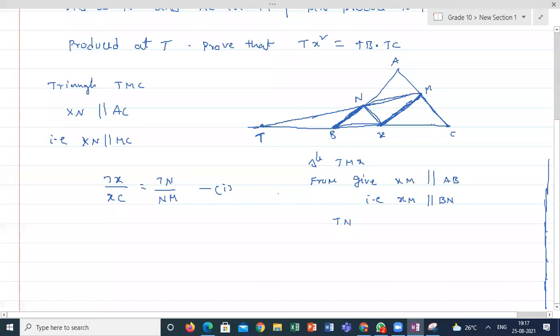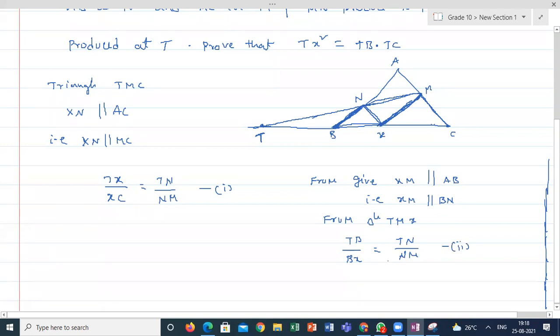So TB by BX is equal to TN by NM. From triangle TMX, XM is parallel to AB, BN is parallel to XM. This is the second equation.